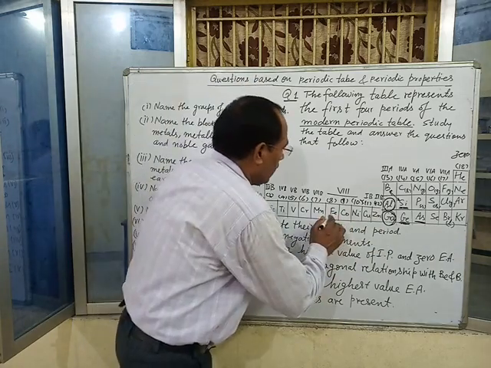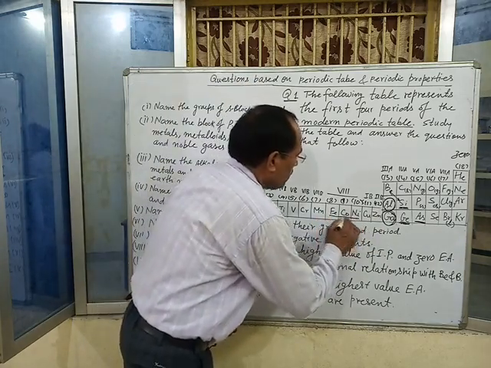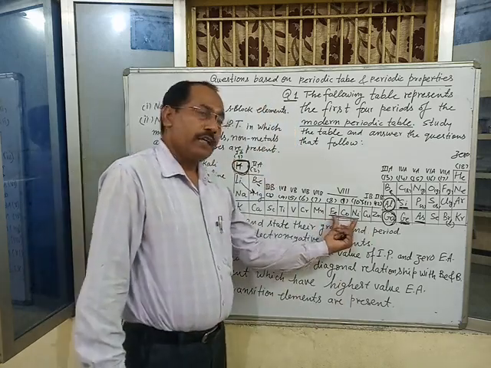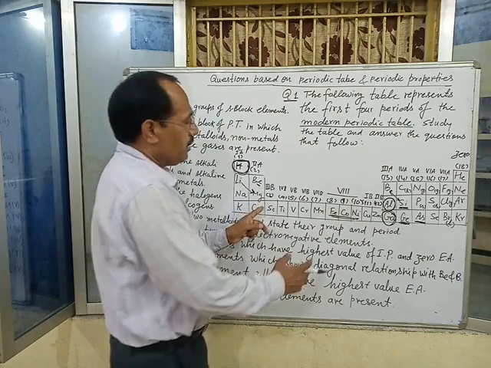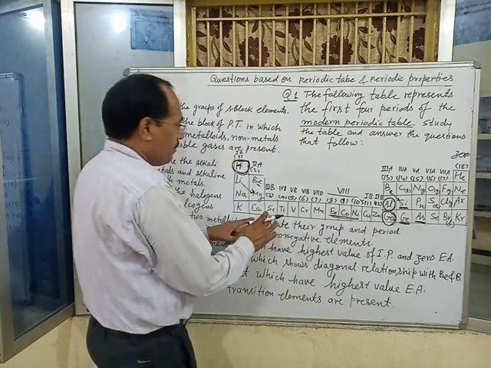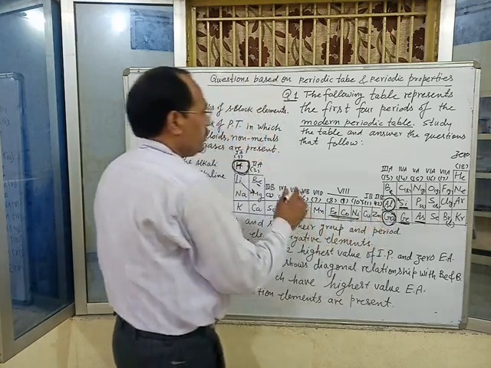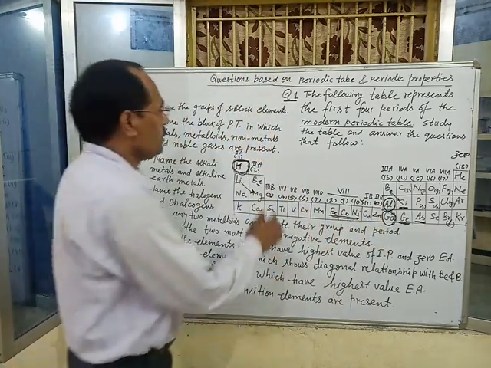Iron, cobalt and nickel are known as ferrous metals. All the elements from scandium to zinc are members of the D block elements.